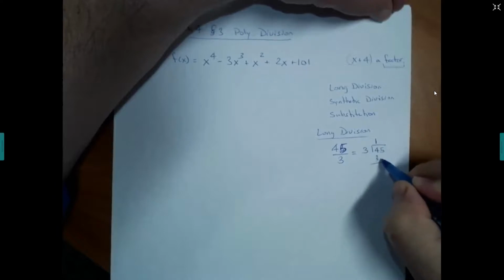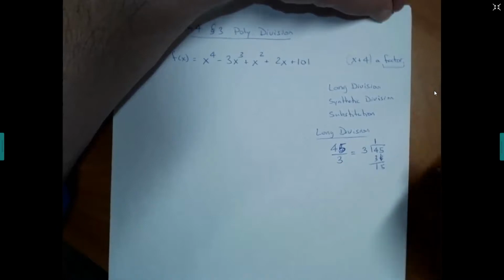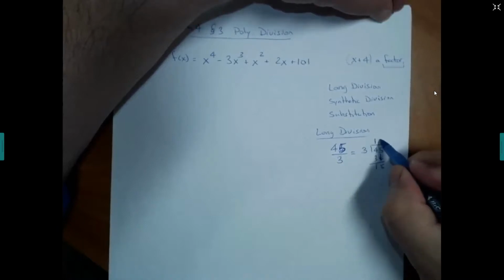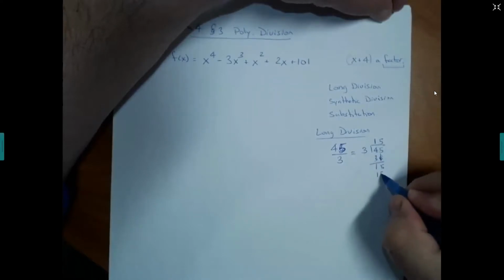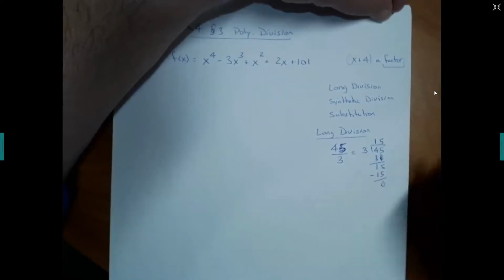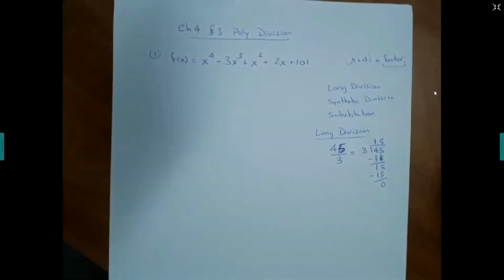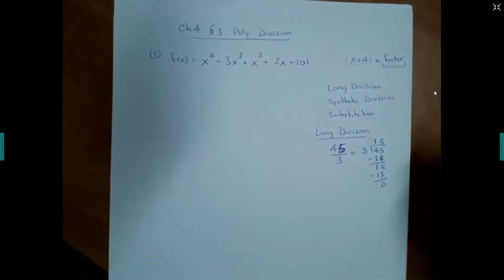So 3 times 1 is 3. And bring down the 5. 3 goes into 15 5 times. We subtract, we get 0. Does that bring back some memories of division from elementary school?